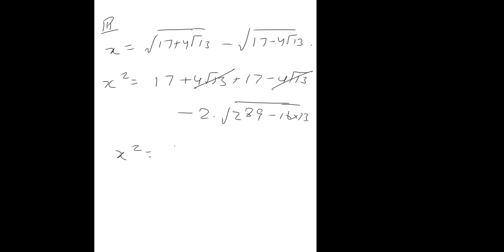X square is equal to 34 minus 2 into 16 into 13 is 208, right? Means this will be 81, under root is 9.